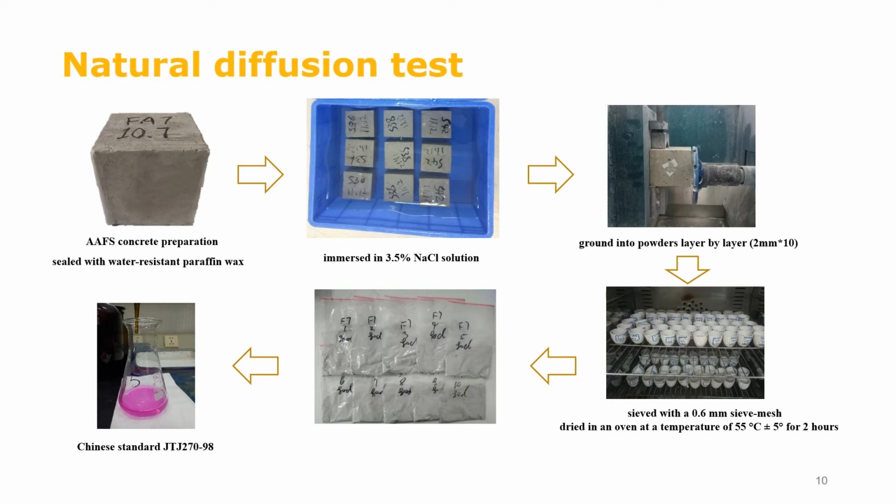At the end of each testing age, concretes were taken out from the solution and ground into powder layer by layer. Therefore, the total chloride content of the powder could be measured according to GB/T 27098.